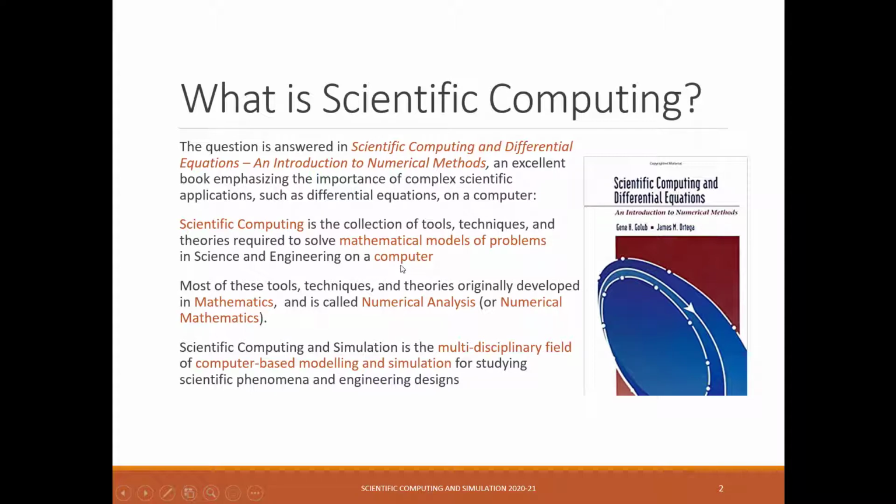It is interesting to note that most of these tools and technologies in scientific computing develop in mathematics, and this set of theories and techniques is called numerical analysis. Basically, scientific computing and simulation is an area of science associated with mathematics and computer science to aid modeling, simulating, and solving complex scientific problems by using computers.